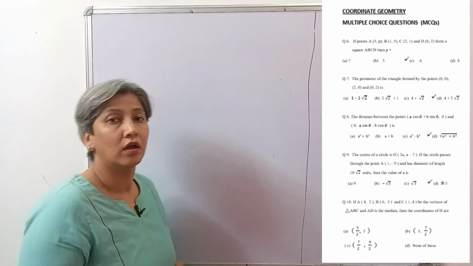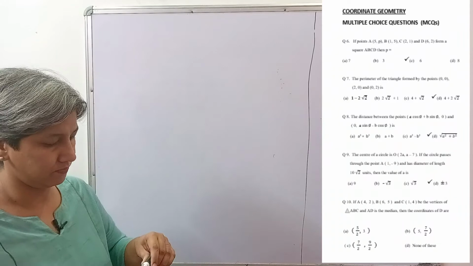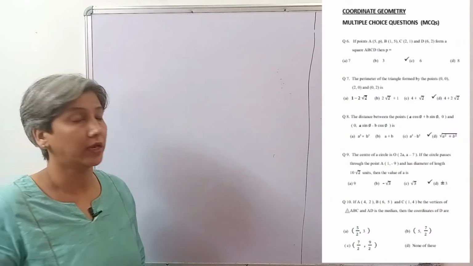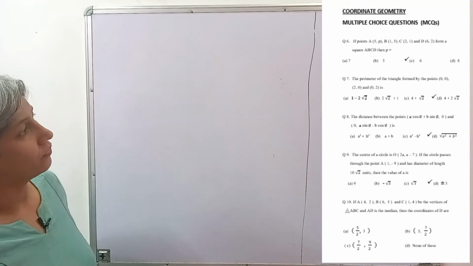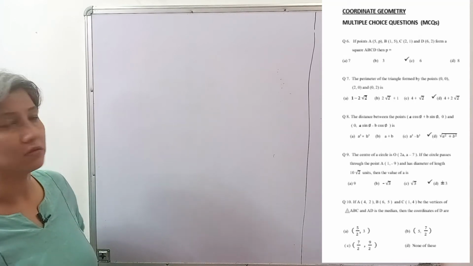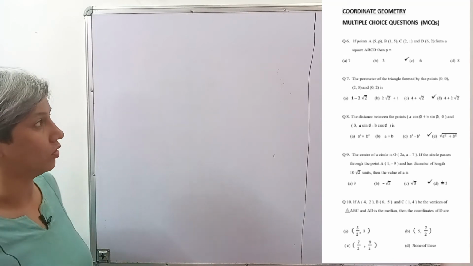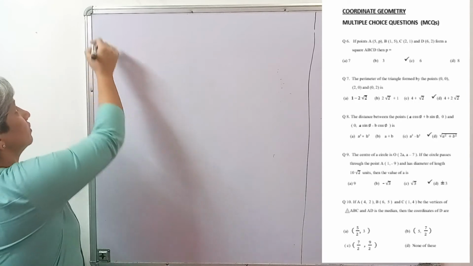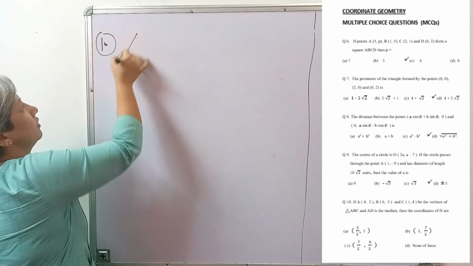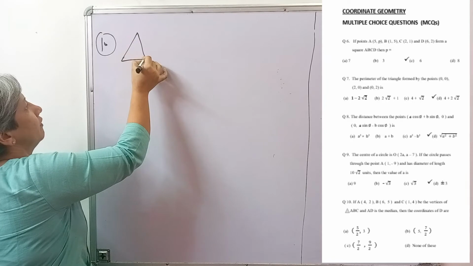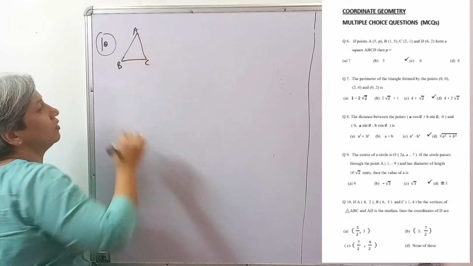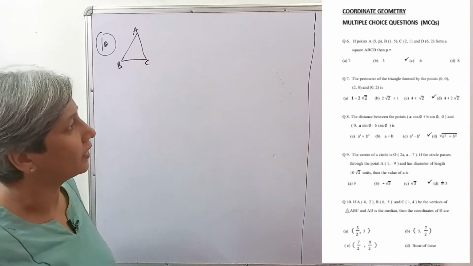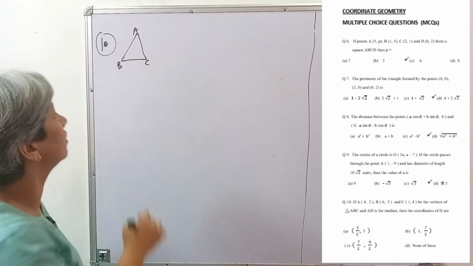So kids, let's do question number 10. It says, if A, B, C are the vertices of triangle ABC, and the coordinates are given, and AD is the median.